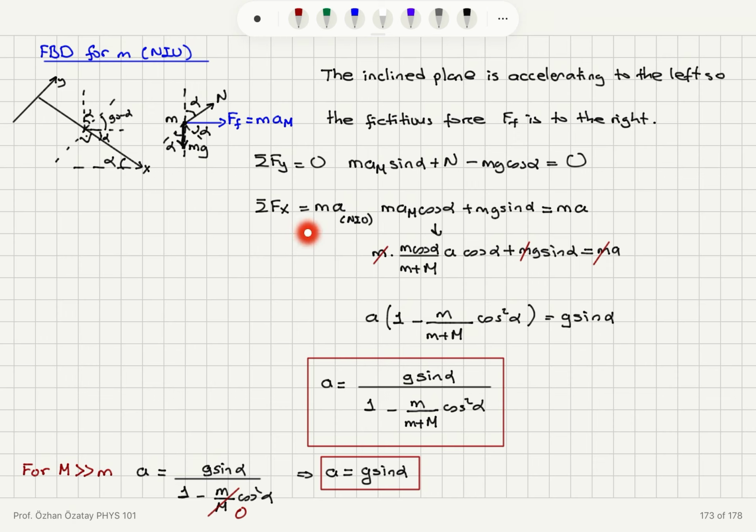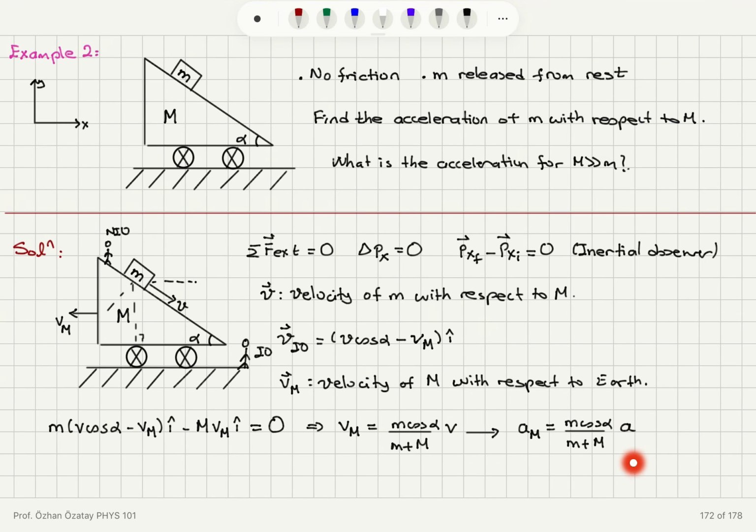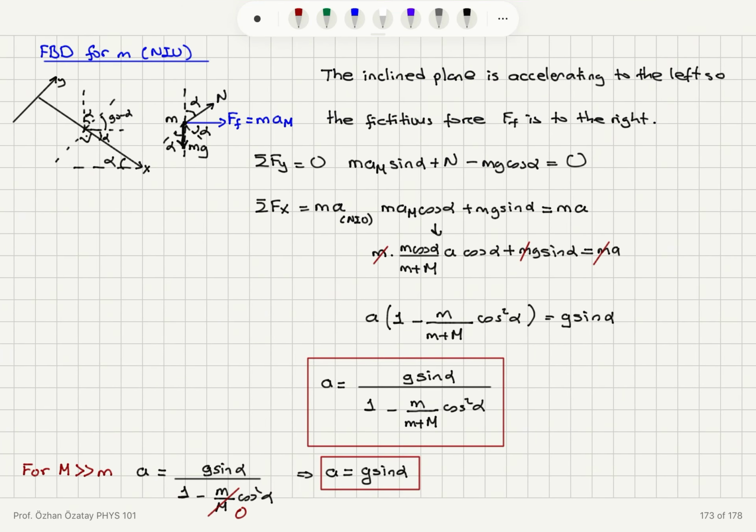And solving for the net force on the x-axis, remember, is now the axis that is parallel to the surface of the wedge, equals m times a. I have used the relationship I have found previously from linear momentum conservation in this result, and I obtained a as a function of alpha and the masses.